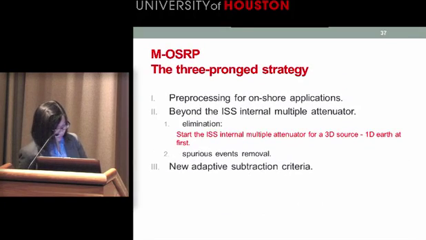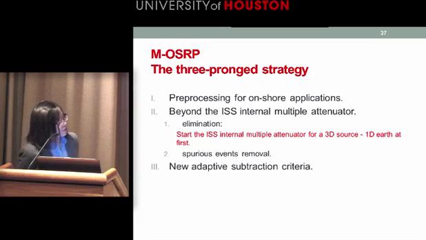Here is the three-pronged strategy proposed by Dr. Weglein in 2013. The first part is the pre-processing for onshore applications, which has been presented by my colleagues Jing Wu and Lin Tang.